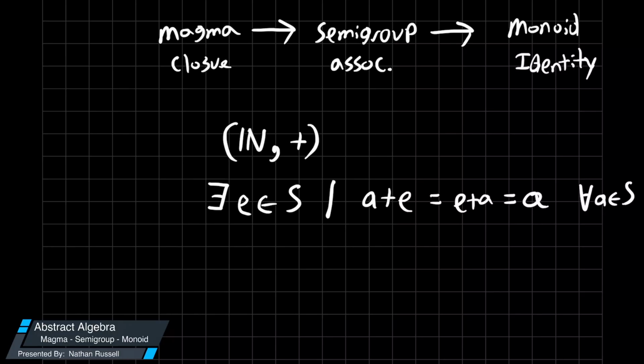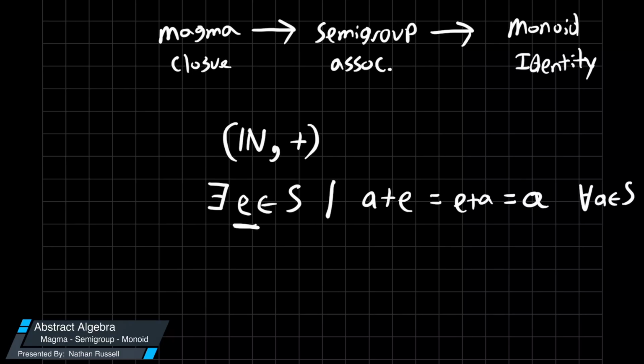So let's read this. In order to have an identity, you need to make sure that you understand this. An identity is a unique element. The identity will always be one element in the set if it exists at all. So if it doesn't exist, you don't have a monoid. If you do have a monoid, that means that there is exactly one element inside the set that is the identity. We often identify that element with the letter E.